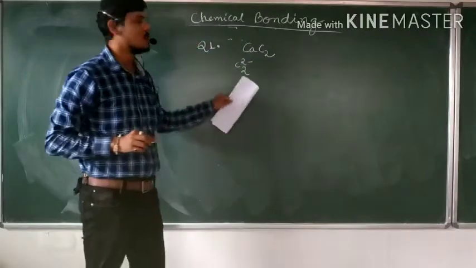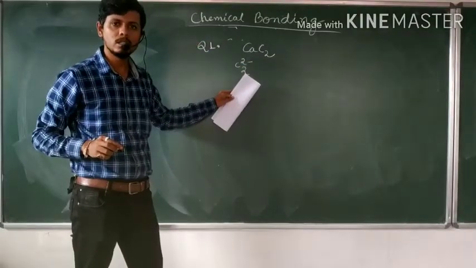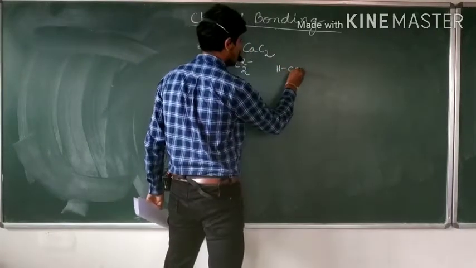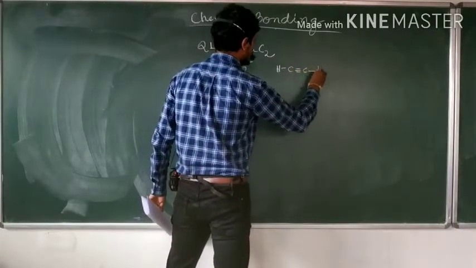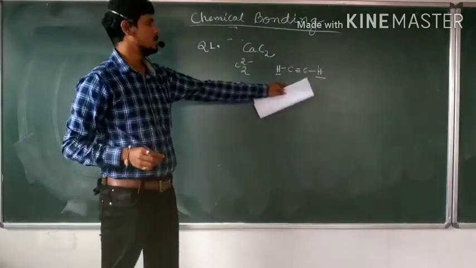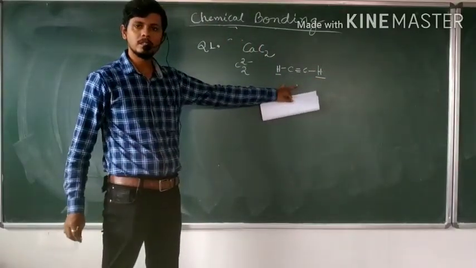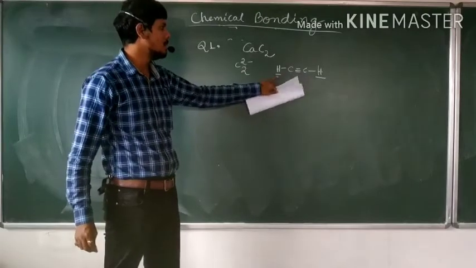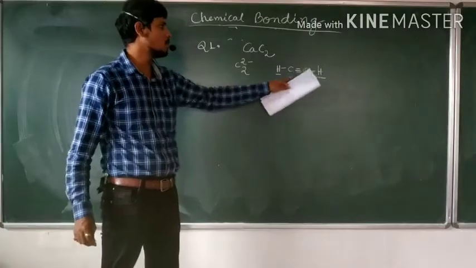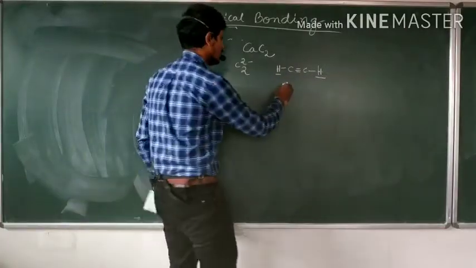So, this is the carbide ion. Carbides are obtained when I completely deprotonate acetylene. So, this is acetylene. If I deprotonate the entire acetylene molecule, if I remove 2 hydrogens, I get the carbide ion.